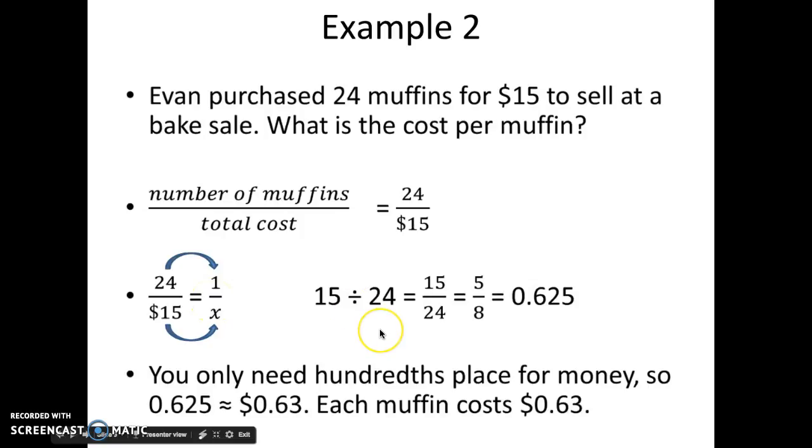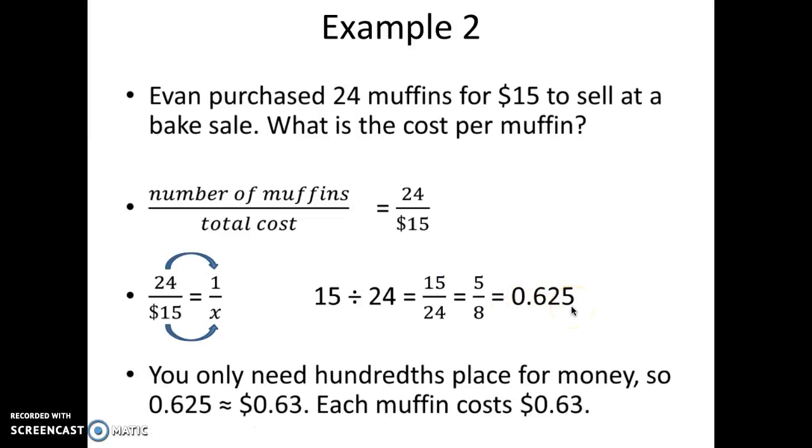So that means that I can divide by 24 in my numerator and by 24 in my denominator. So if I divide both by 24, I'm doing 15 divided by 24. If I think about this as a fraction, I can simplify it to 5/8. Then I can use my calculator or simply divide to get 0.625.